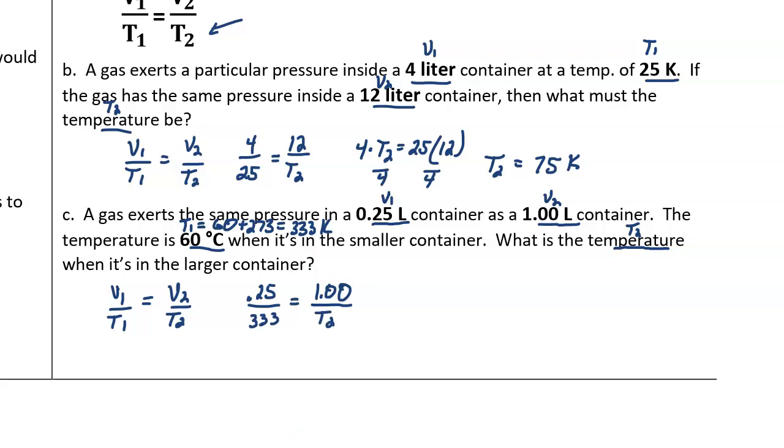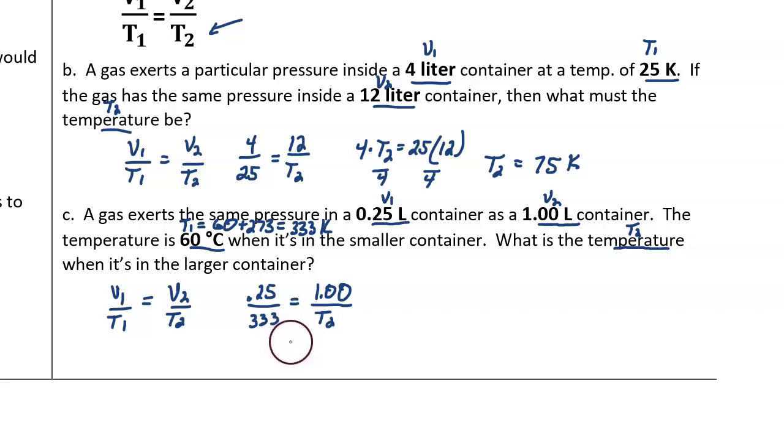Now we're ready to solve this equation, which, like last time, has the format of a proportion. You could use the pattern technique. In the numerator, 0.25 times 4 makes 1.00. So in the bottom, you could go 333 times 4, and you'd get the answer. The other thing you can do is cross multiplication.